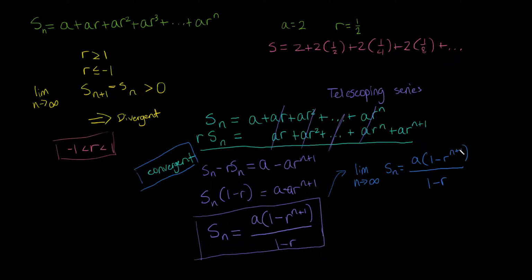So r to the n plus 1, if you have a number with absolute value less than 1 raised to a power that grows to infinity, this is always going to equal 0. So we have r to the n plus 1, as n goes to infinity, going to 0. So in our final answer, as n goes to infinity, S of n will equal a times 1 minus 0, which is just 1, divided by 1 minus r.